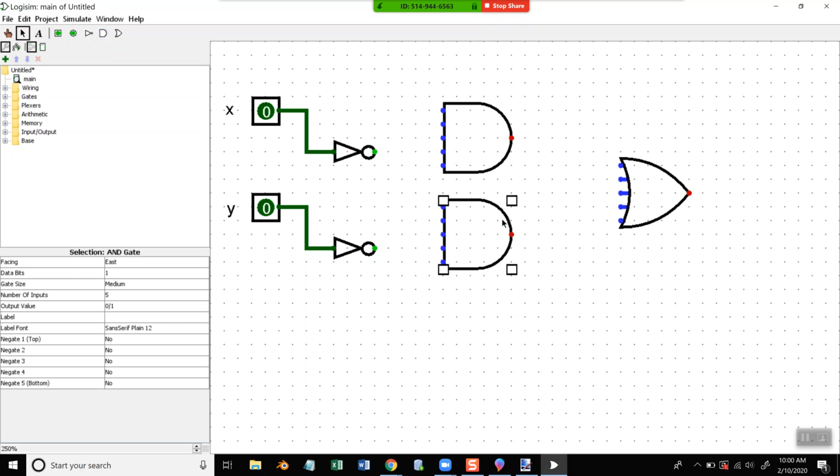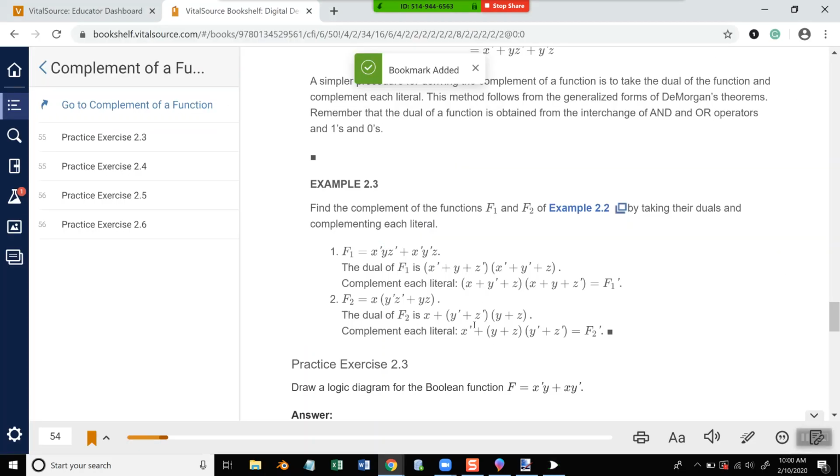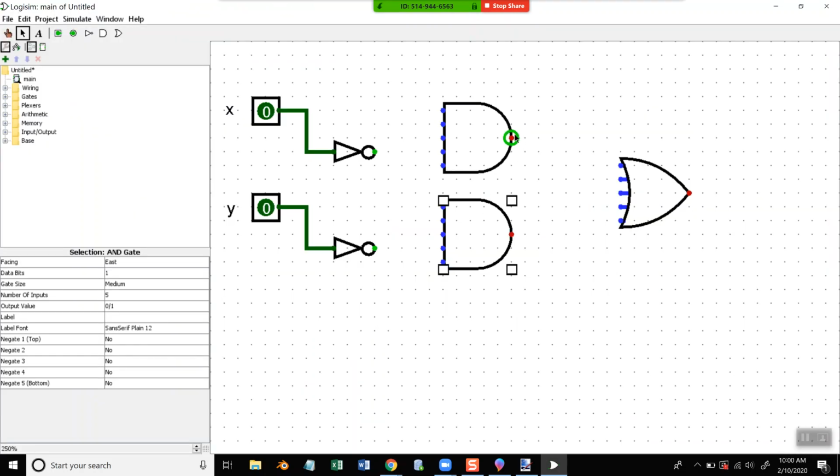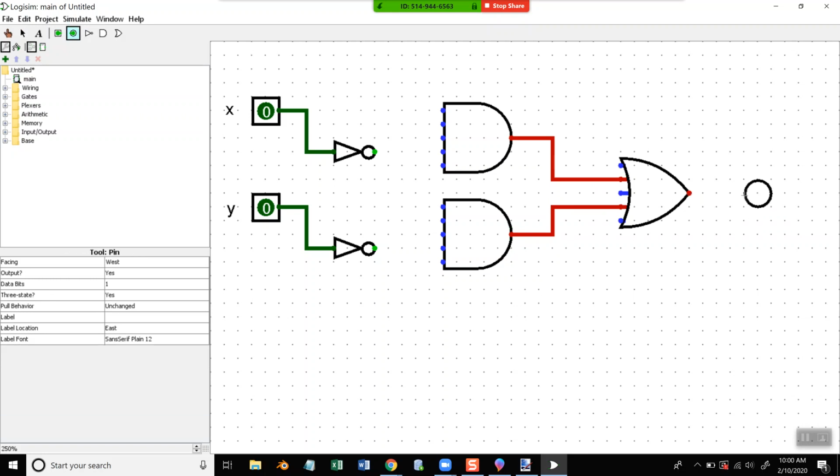These two AND gates are coming into the OR gate. That's because there's a plus between them here. And those are going to give me my output over here.